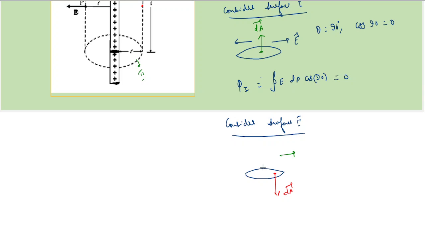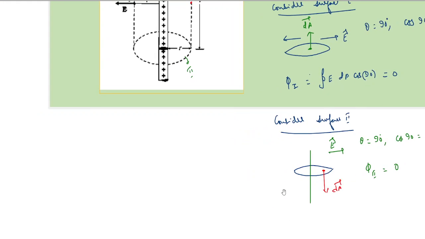If you assume that this is the wire, then the field would go out like this. Again here, as seen in the previous discussion, the angle theta between the electric field and area vector would be 90 degrees, and then cos 90 is equal to 0. Therefore, the flux through the second surface is also equal to 0 by the same logic.